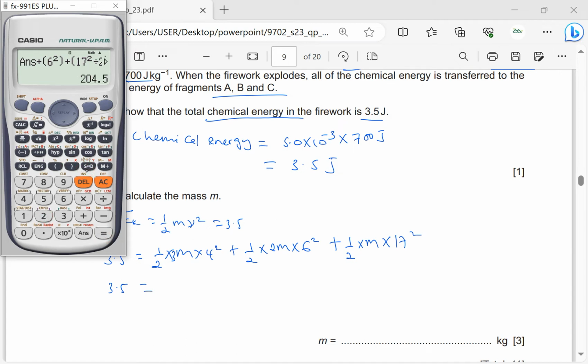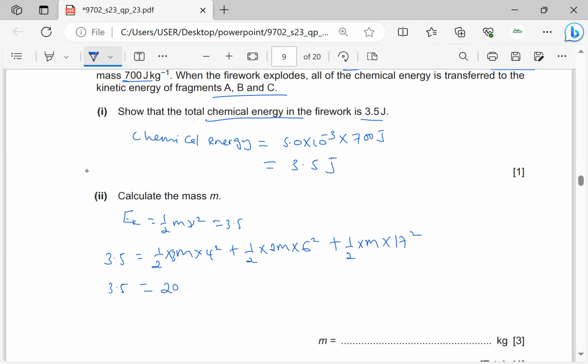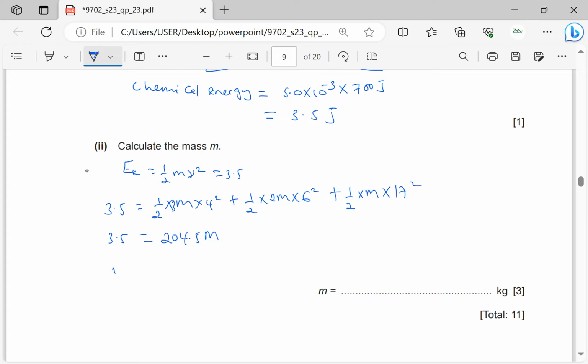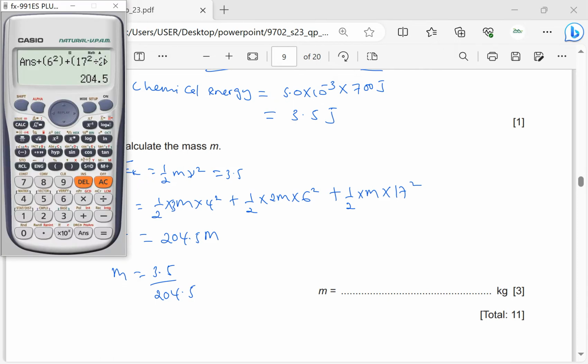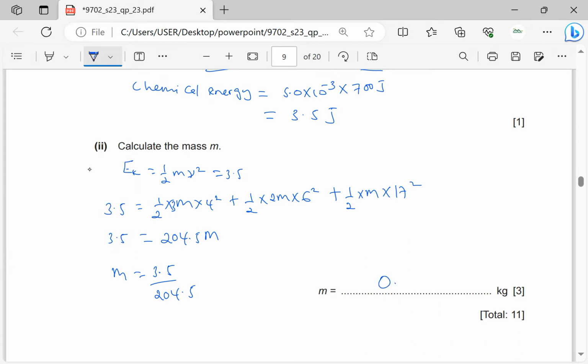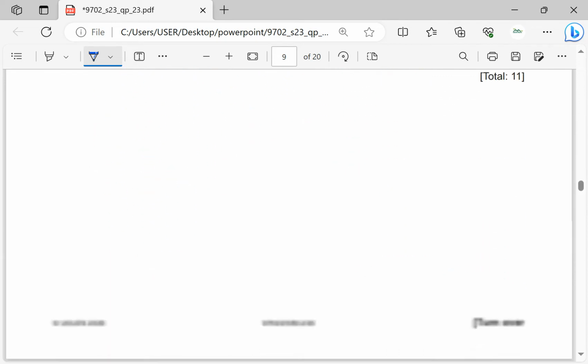So that is 204.5, so this is 204.5m. So I divide to find m. m will be 3.5 divided by 204.5. So 3.5 divided by the answer, that is 0.017 kilograms. So that is the mass.